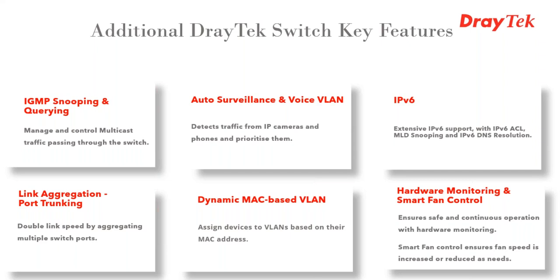This allows the switch to notify you if a fan fails, if PoE usage is too high, or if the switch temperature exceeds its operating limit. Should the switch overheat, it can temporarily reduce its PoE power budget to cool down and continue powering critical devices.